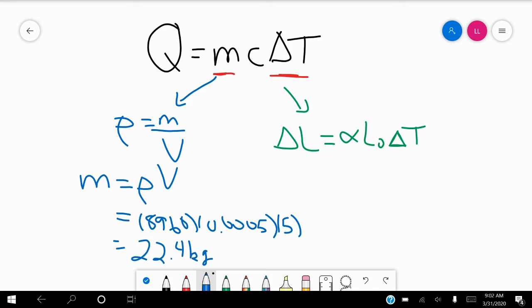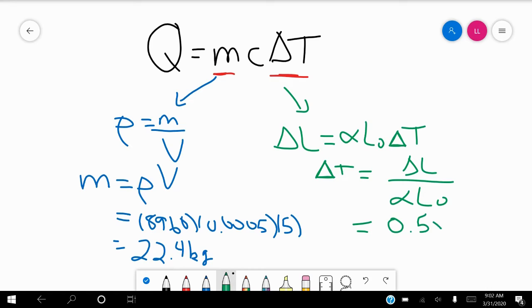Now we go over to the other side where we're going to determine the change in temperature. We have to do a little algebra. So the change in temperature is equal to the change in length over alpha L0. It tells us the change in length is 0.5 centimeters, so make sure that you convert that into meters by putting 10 to the negative 2. It tells us alpha is 1.7 times 10 to the negative 6, and that the initial length was 5 meters.